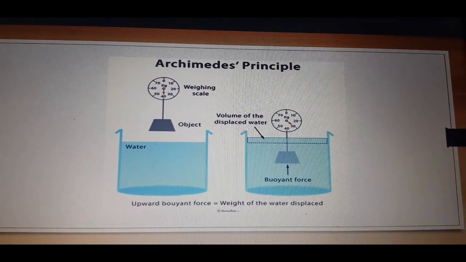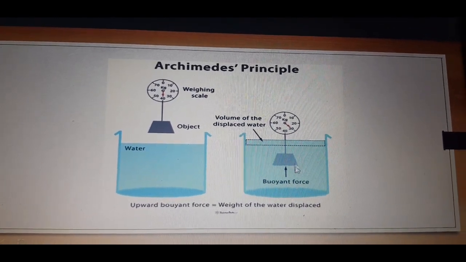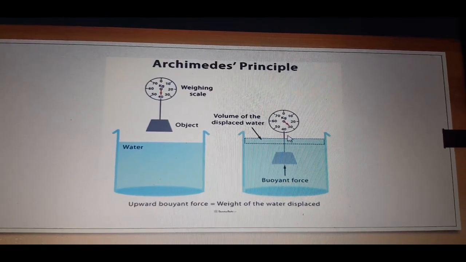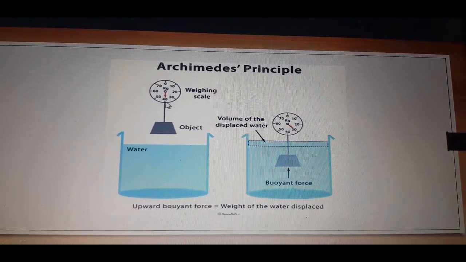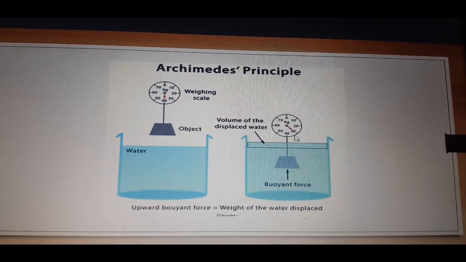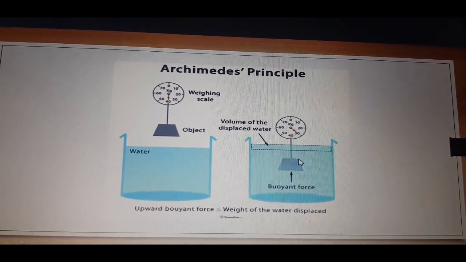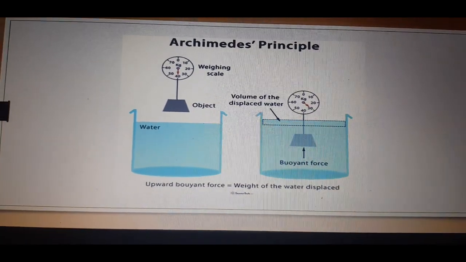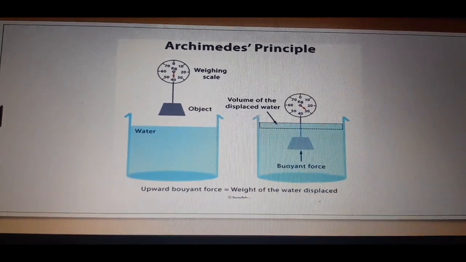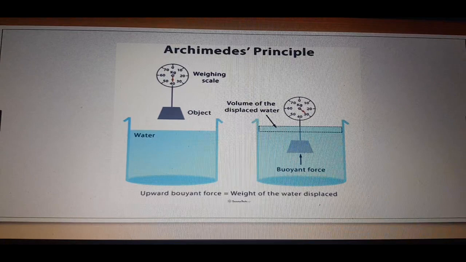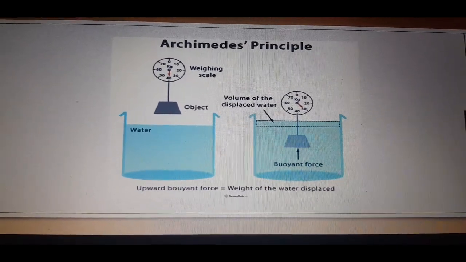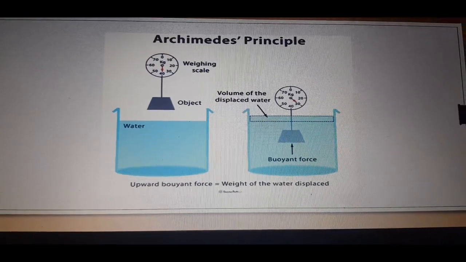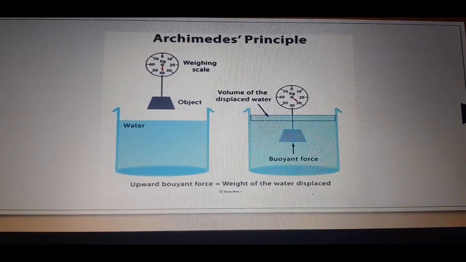Here is 40, it will push it into 30 when we put it in water. This is what Archimedes principle is talking about. So Archimedes principle tells us that when we put something in a liquid, its weight is lighter than the object in space.